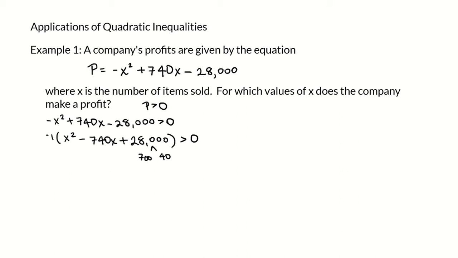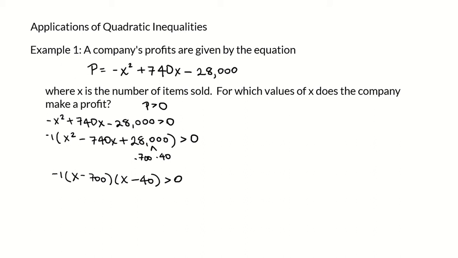If we check that those do multiply to 28,000, we want them to add to negative 740, so make them both negative. And then our factored form is negative 1 times x minus 700 multiplied by x minus 40 greater than 0.